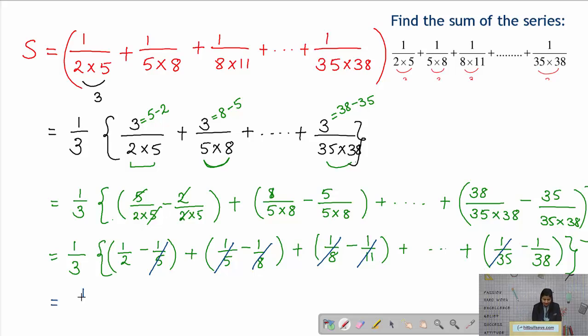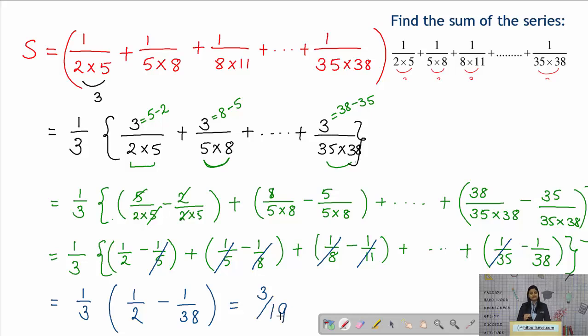So my answer will become 1 by 3 into half minus 1 upon 38. If we solve it, we will get 3 by 19. That will be the final answer in this case. So directly we can assume that whenever the last term is mentioned, we will take only the first term and the last term.